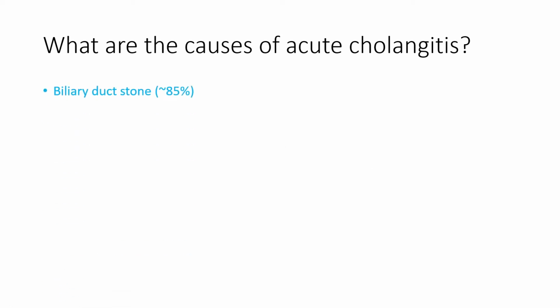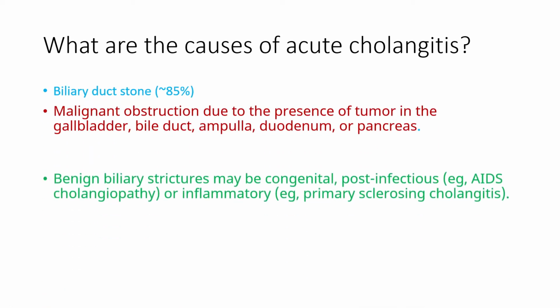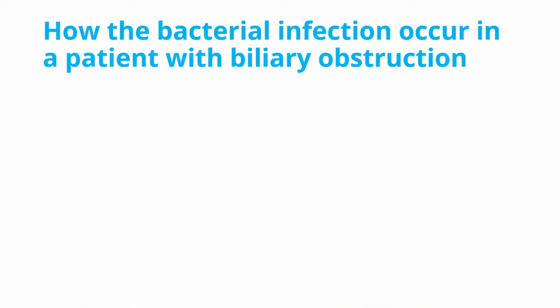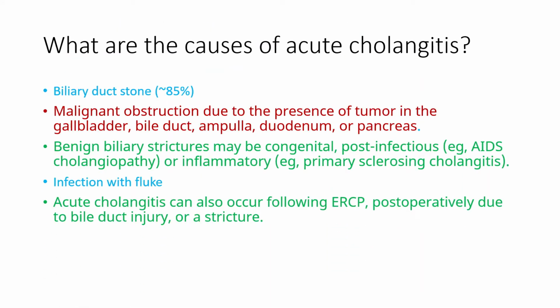So what are the causes of cholangitis? That means, what causes the obstruction initially. Most of the time it's due to biliary duct stones, around 85% of the cases. The others include malignant conditions, including tumors in the gallbladder, the bile duct, the ampulla, the duodenum, or the pancreas.